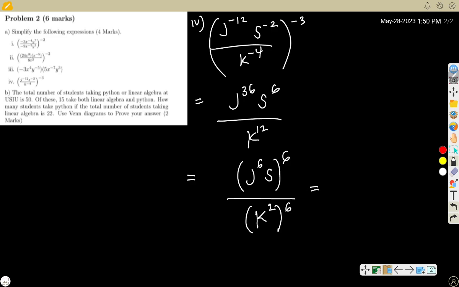So power 6 can be common. This can be j raised to power 6s over k square, everything raised to power 6.